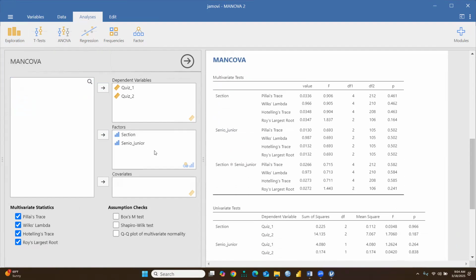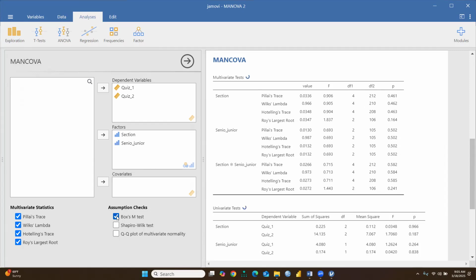Section and senior-junior are my categorical factors, right? So easily you can see the p-value in all the cases, in the multivariate tests. Section-wise, this one is 0.0461. The others are above 0.05. Same with the senior-junior factor, all are above 0.05, and the interaction effect is also above 0.05.